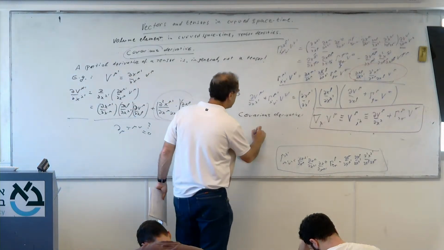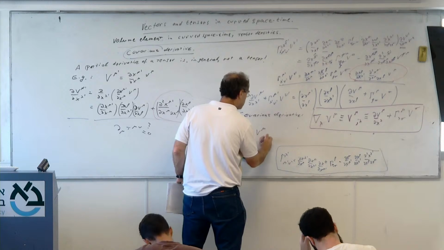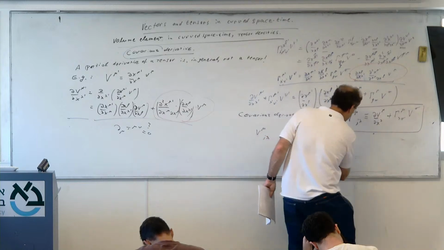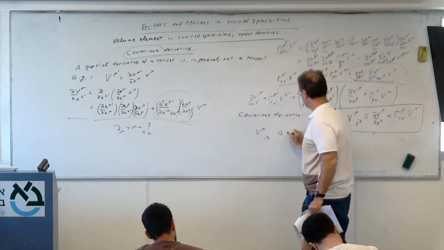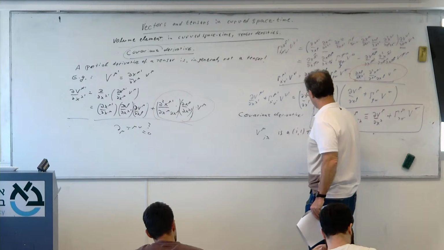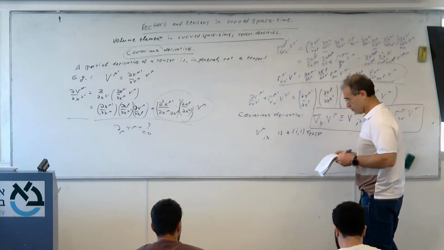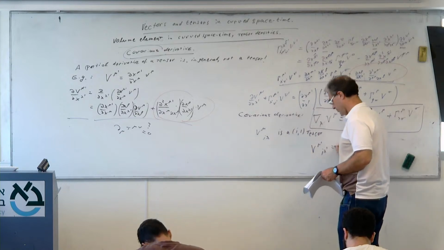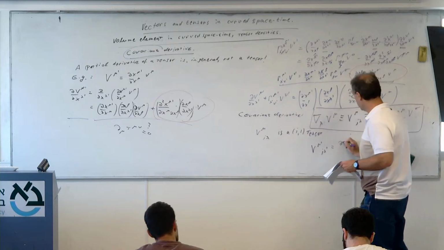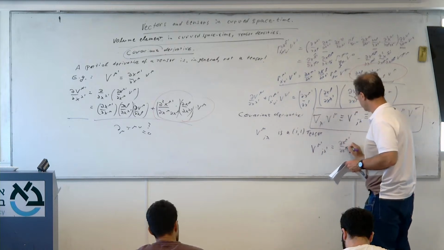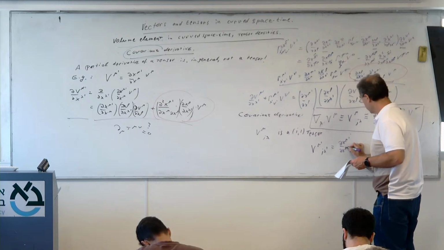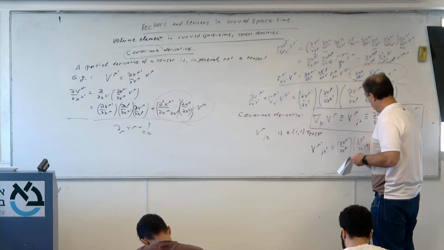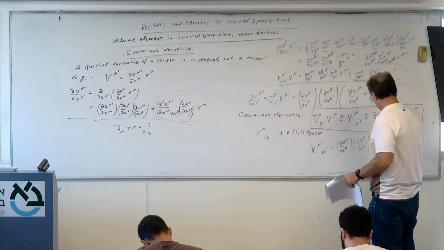This quantity, v mu semicolon lambda, is a 1-1 tensor, because v mu prime lambda prime is dx mu prime over dx mu, dx rho over dx lambda prime, v mu rho.